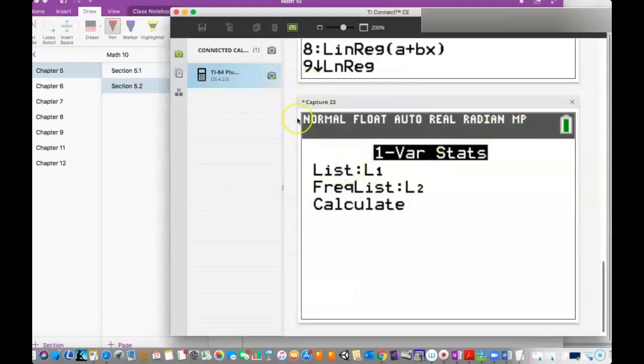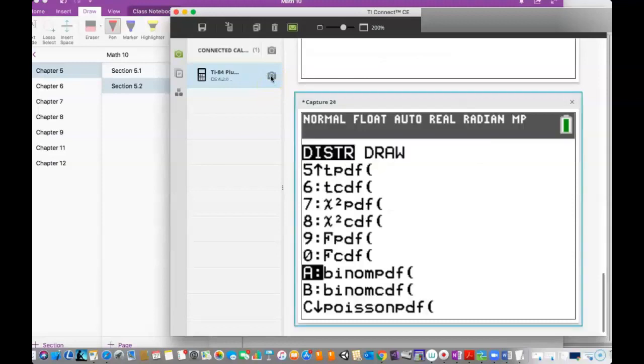Then I'll take a picture of my calculator. Here is what we need to find, binomial PDF. So you press second, then VARS. You need to scroll down to find binomial PDF. After that, press enter. Now you should see this picture.